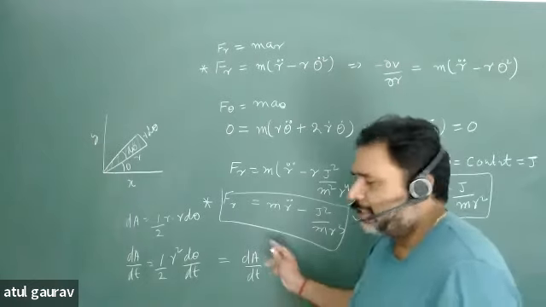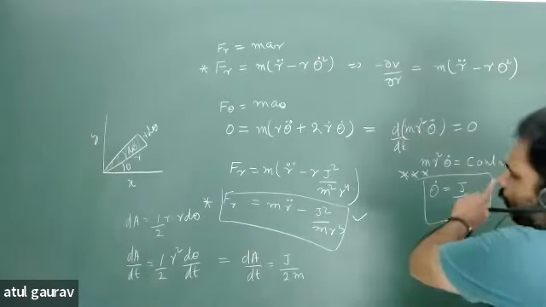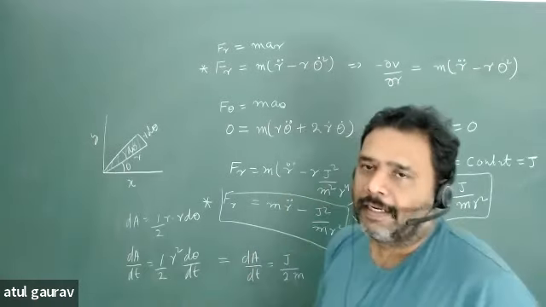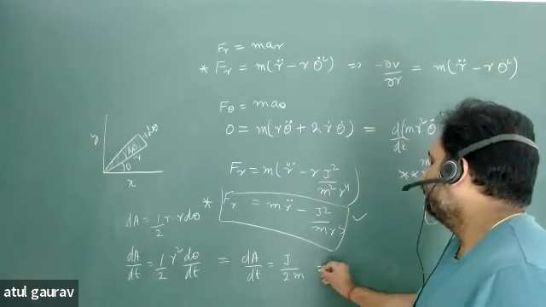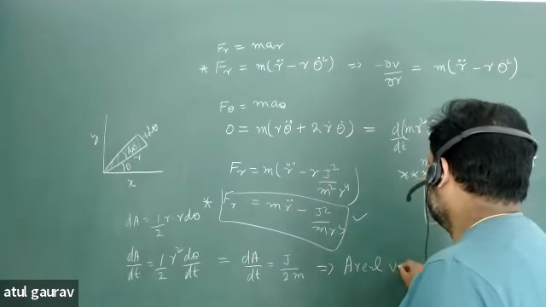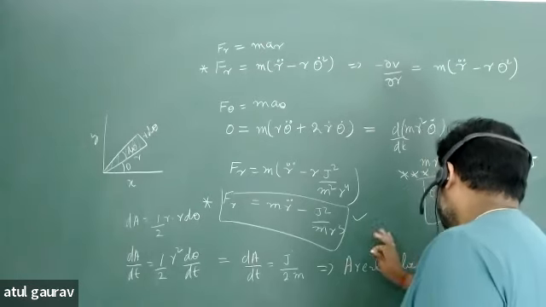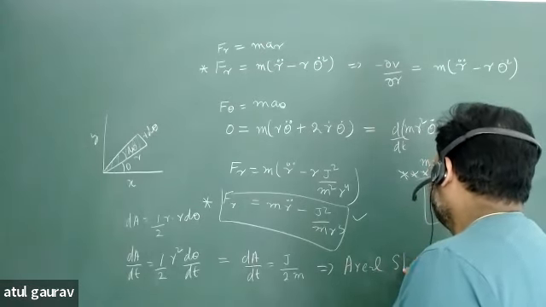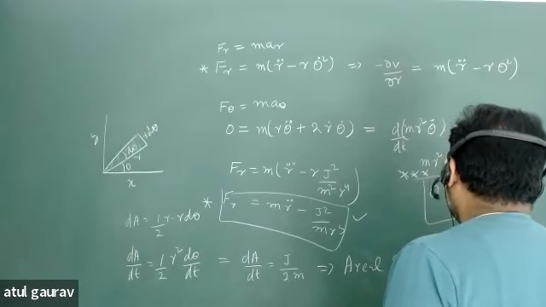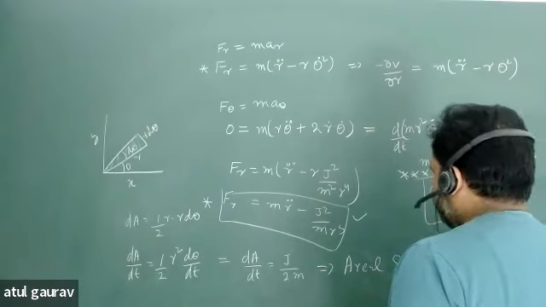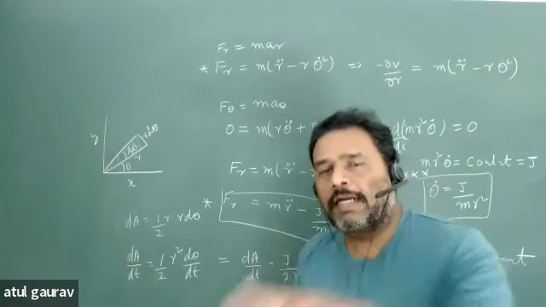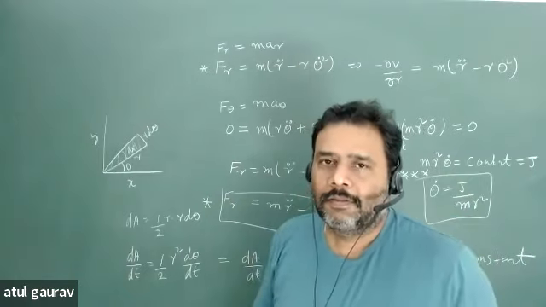Now you can see the same conservation of angular momentum can be written in a very different way. That means your areal velocity, or areal speed, is constant. And this is also Kepler's second law.